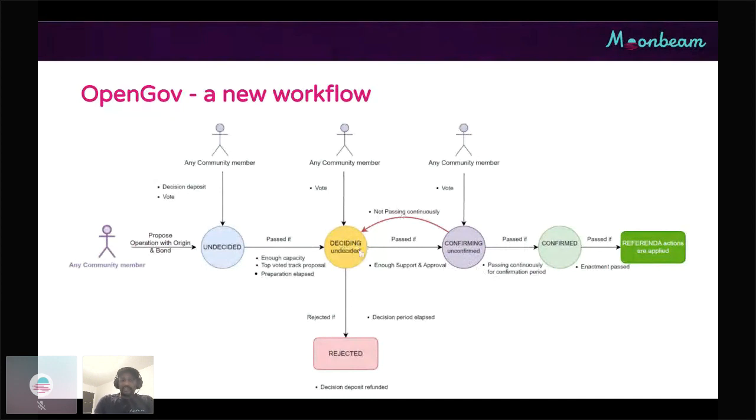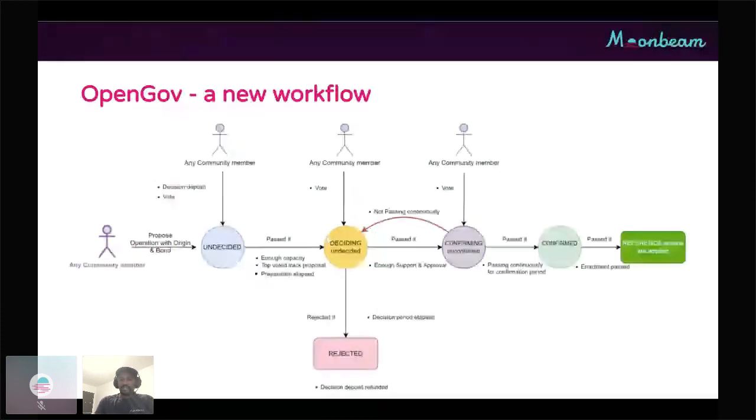This period of decision will last, well, this is more likely the vote duration, so it can last for 2 weeks, and it will stay there for 2 weeks until it gets enough support and approval in order to go to the next stage. If it's not reaching enough support and approval, then it will be rejected.